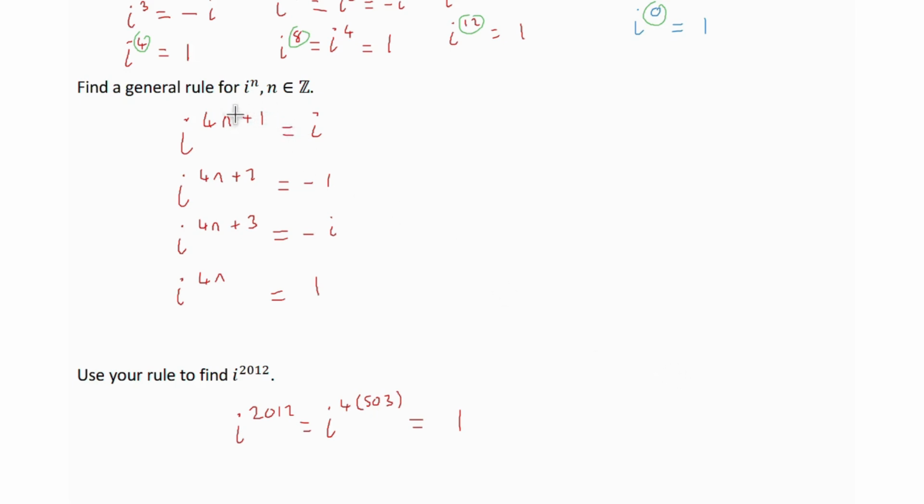If it had been 1 more than a multiple of 4, it would have been i. If it had been 2 more than a multiple of 4, it would have been negative 1. 3 more than a multiple of 4, it would have been negative i. But knowing these rules, or at least being able to work them out quite quickly, enables us to deal with powers of i and simplify them down to either a 1 or a minus 1, or an i or a minus i.